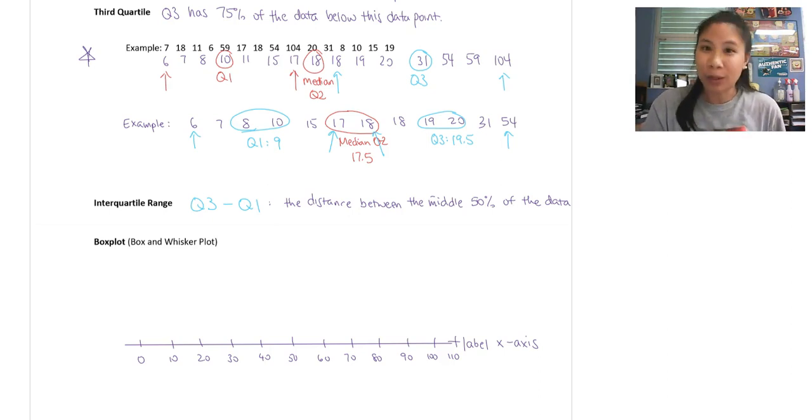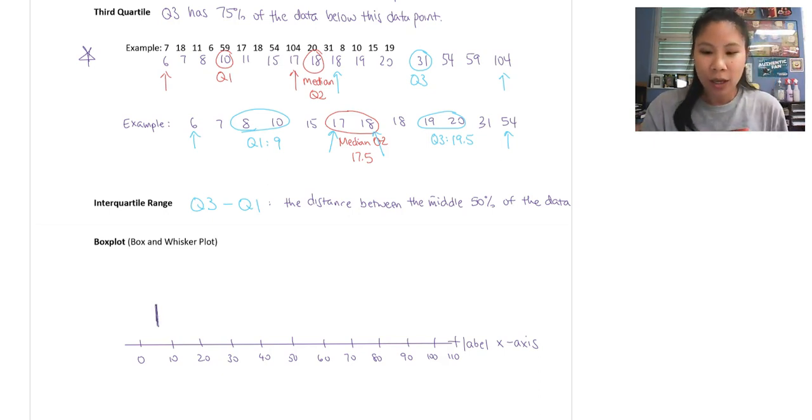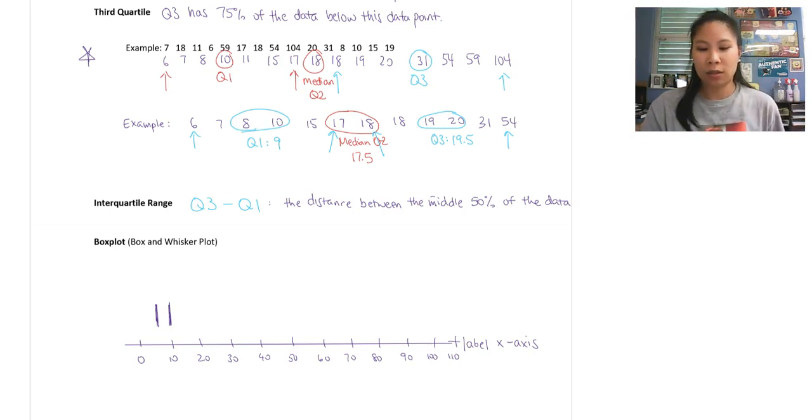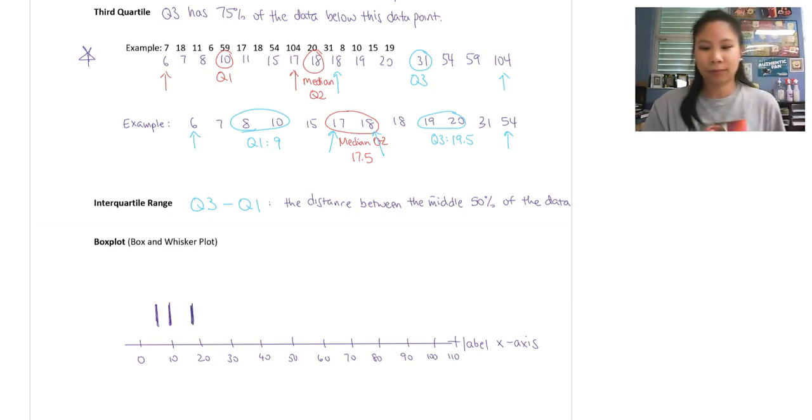We start with our smallest number, which was 6. So I'm just going to draw a line above where 6 would be. Then Q1 is the next number that we want. Q1 is 10, which is going to be right above the 10, and then I can just draw a line there. Our next number is the median, and for that data set it was 18, so that would be here-ish.